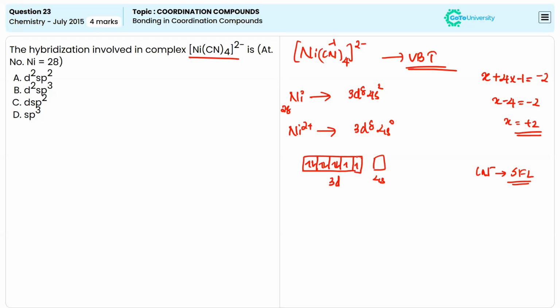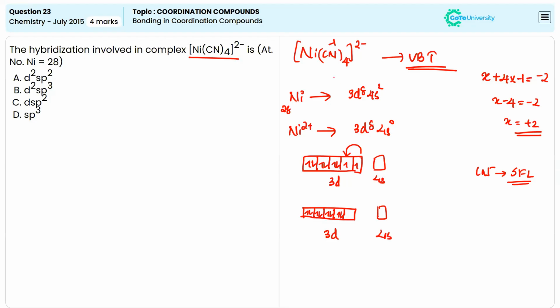So here we can see that there are no electrons in the 4s orbital. We have electrons only in the 3d orbitals. So one d orbital is vacant now, and one 4s orbital is also vacant.